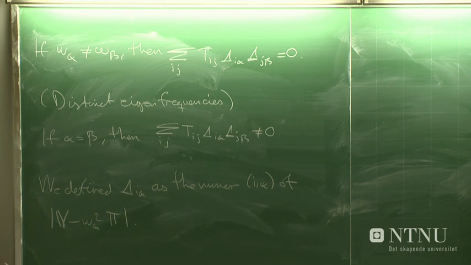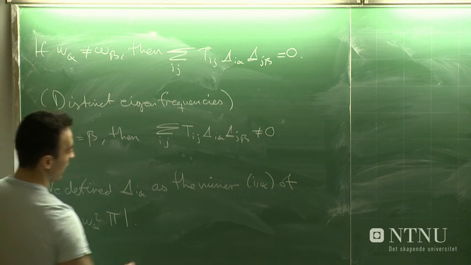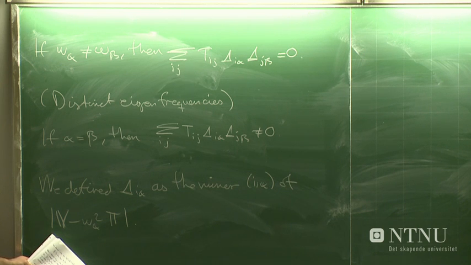So delta I alpha was defined as the minor I alpha of the following determinant.